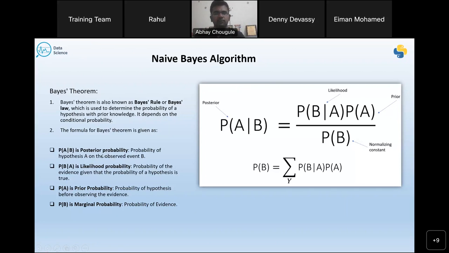So what is this? The posterior probability. This is nothing but the probability of hypothesis A given the observed event B. We are going to calculate the probability of A where B is already given.